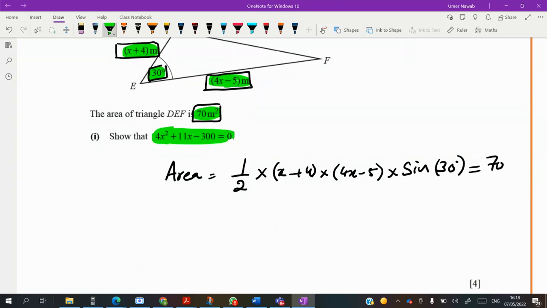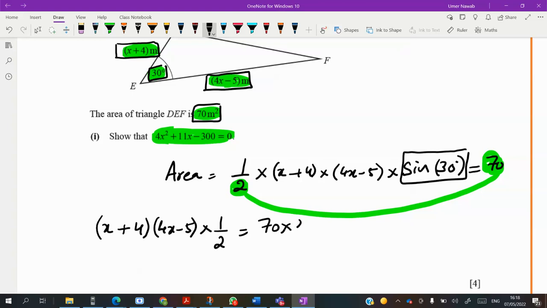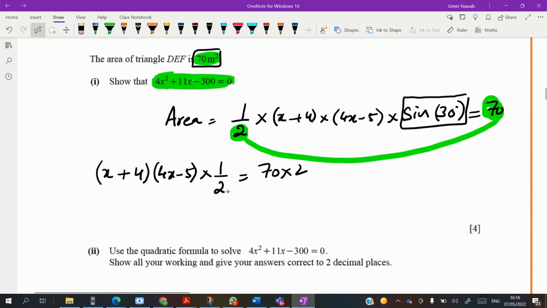Can we send this 2 to the other side and multiply it with 70? So I'm left with x plus 4, 4x minus 5, and sine 30 is half, and the 70 times 2. Again, send this 2 to the other side and open these brackets.